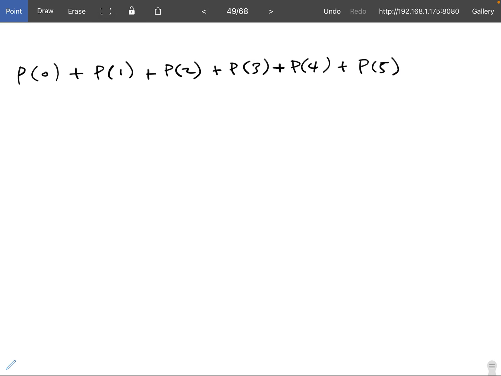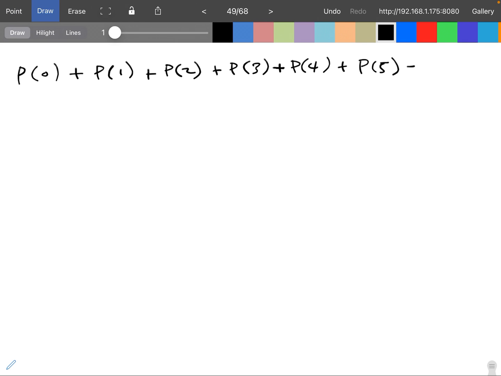One of those 6 things has to happen 100% of the time, right? That means that these all have to add up to 1. They would add up to 100%, but 100% as a decimal is just 1. All right, so one of those things has to occur. That's why the probability of all of them added together is 1.